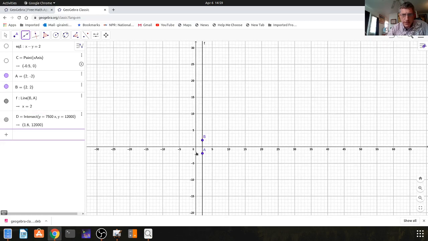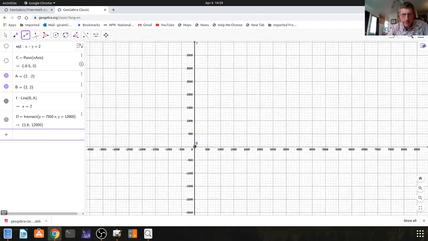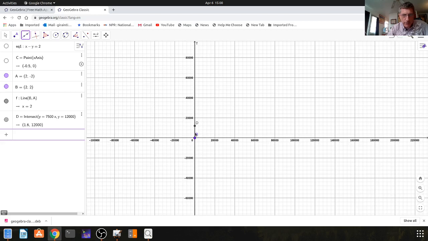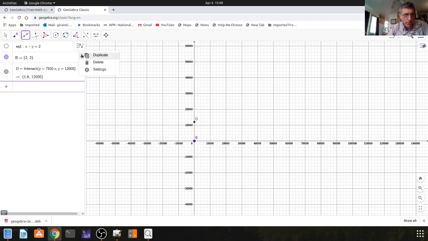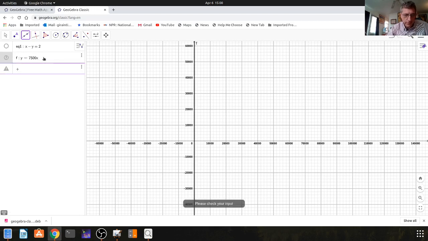And what is it doing there? I have to go way out to see it. There should be a line somewhere. Let me erase all of these. If you're bored, the lecture's over. But let's do it all over again. So y is equal to 7,500x plus 120,000.